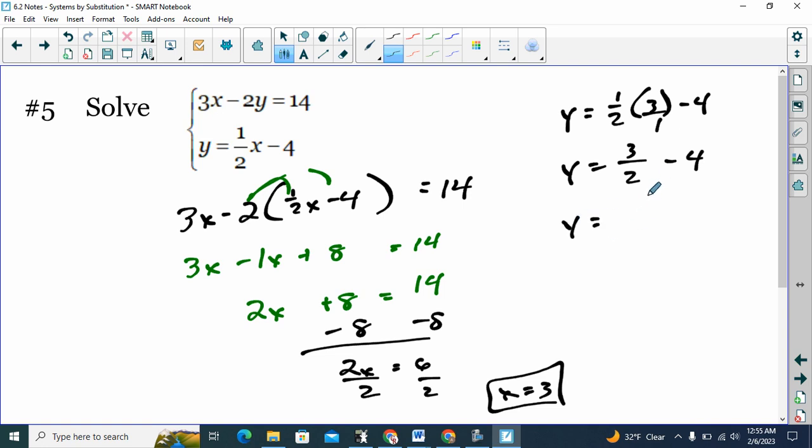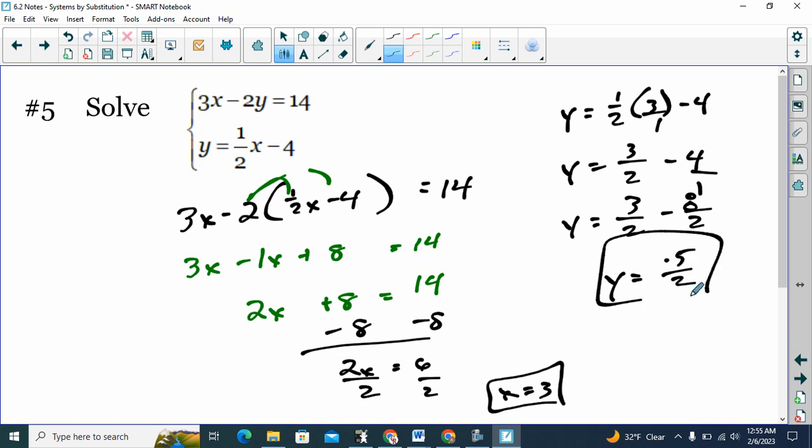We need a common denominator. Can make the denominators both 2. I multiplied 1 by 2, so multiply 4 by 2. And then to subtract fractions, we just subtract across the top. 3 minus 8 is negative 5, and keep the denominator the same. Y equals negative 5 over 2.